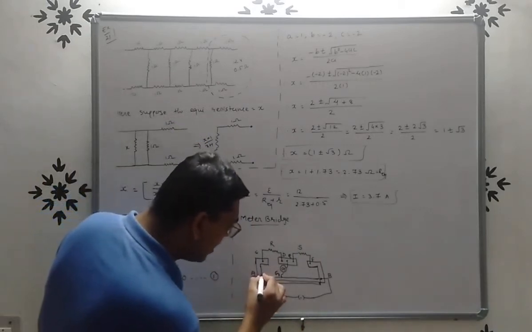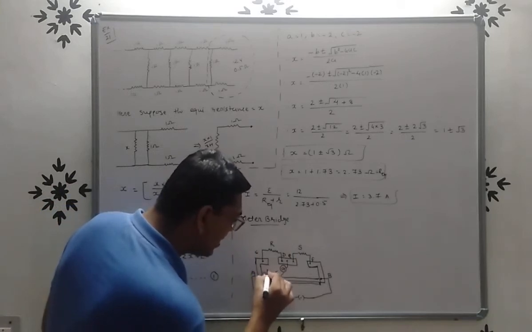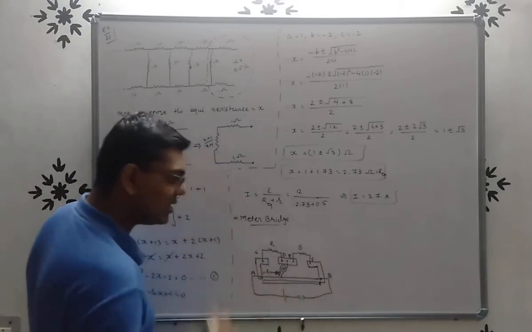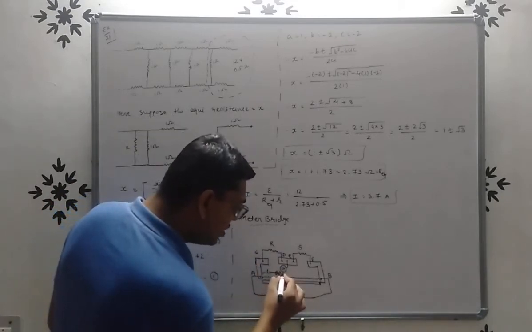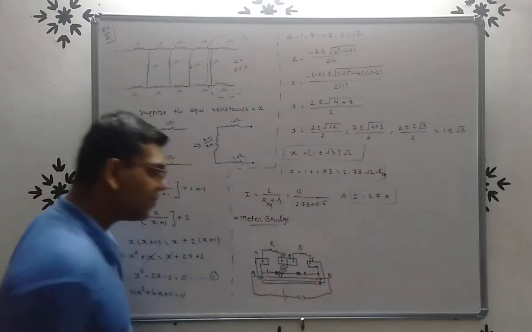So here we denoted this length by L from A to G like this, and from G to B the length is 100 minus L centimeter like this, right?